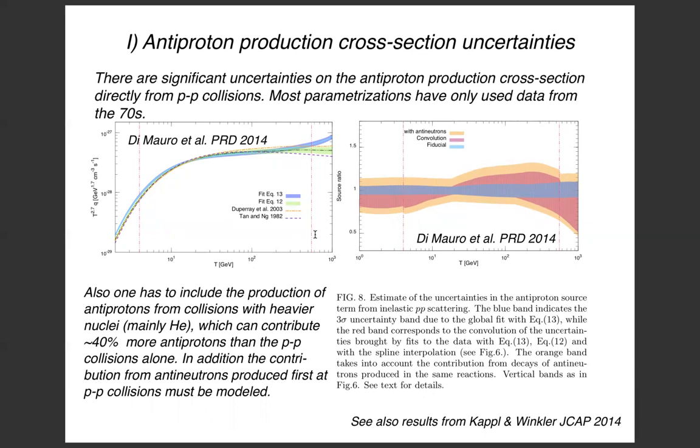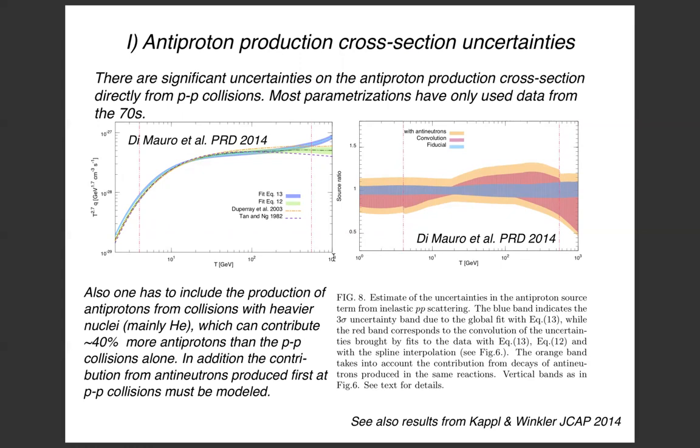And since we had mostly old data, even our parametrizations were from the 80s and 2000s, but they were relatively old. So since then, there has been some advancement in connection with some more recent measurements, but also there has been work by Di Mauro et al. that quantified the level of uncertainties directly for the part that has to do with the proton-proton collisions.